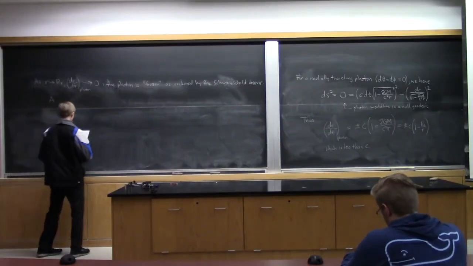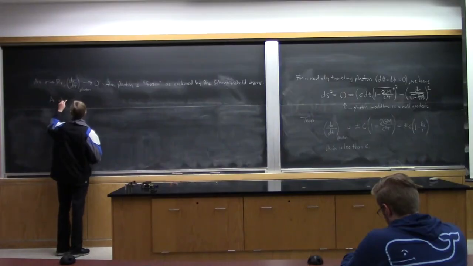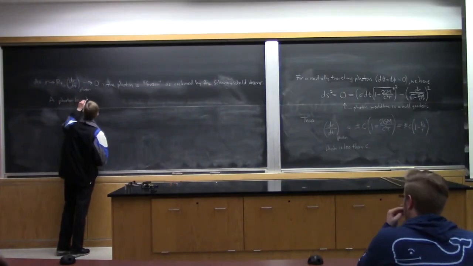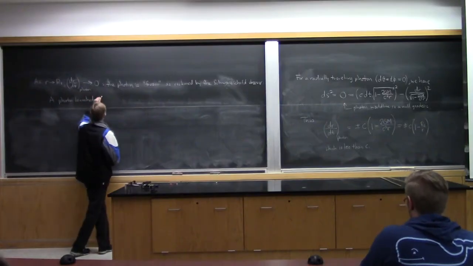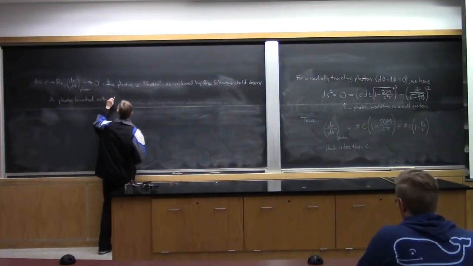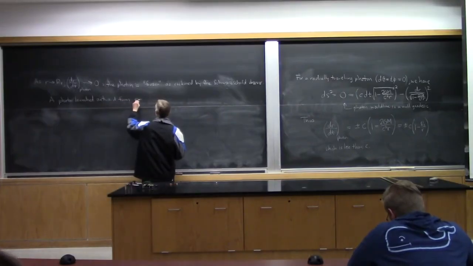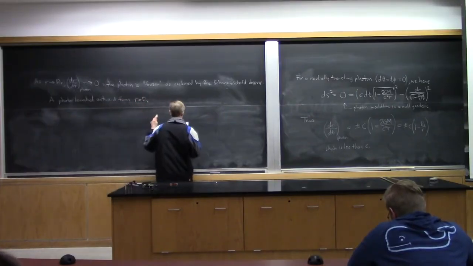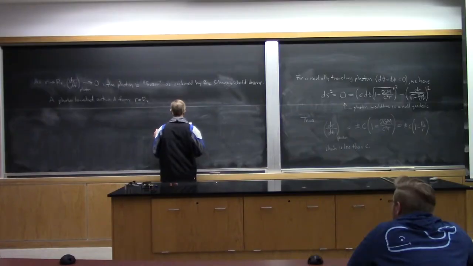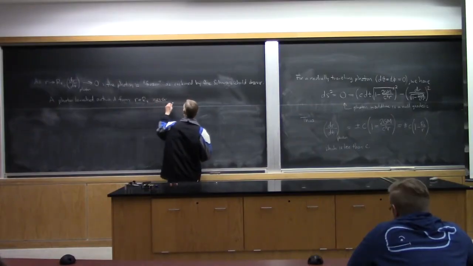So a photon launched outwards from r equals rs never reaches a greater radial coordinate.